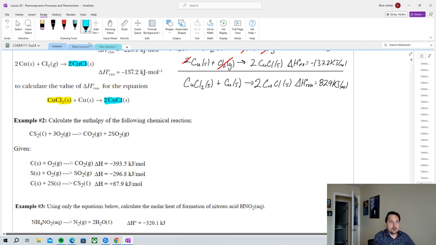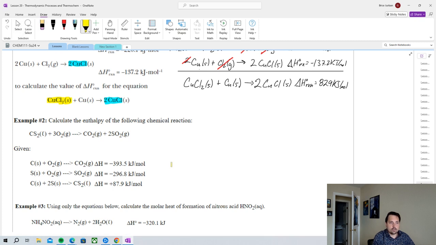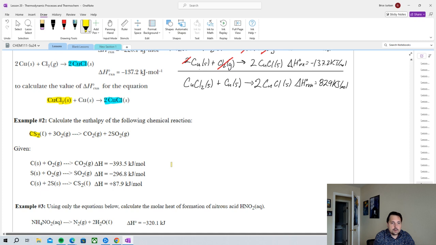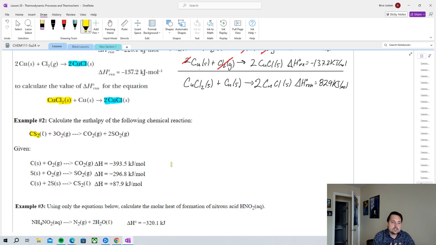Okay, so I'm going to color coordinate this. I want to get this overall reaction: carbon disulfide and oxygen forming carbon dioxide and sulfur dioxide. This reactant, carbon disulfide, only appears in one reaction, and that's what we want to pay attention to: the reactants and products that occur in just one reaction.